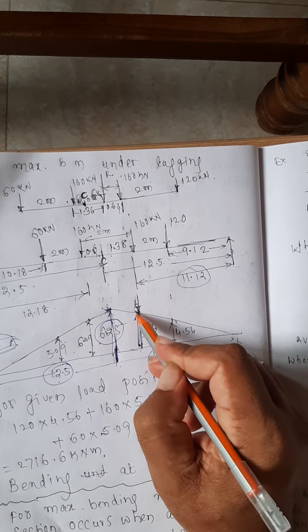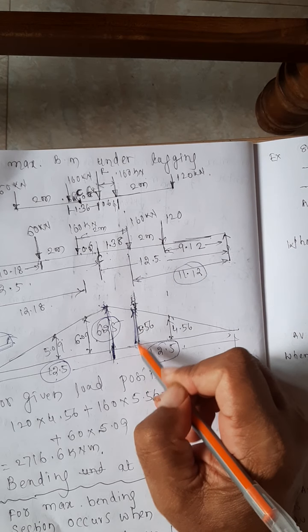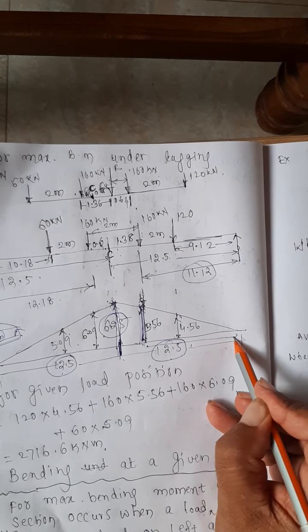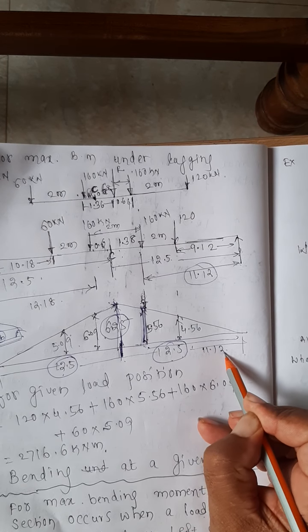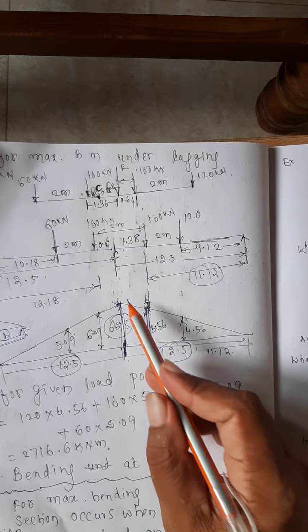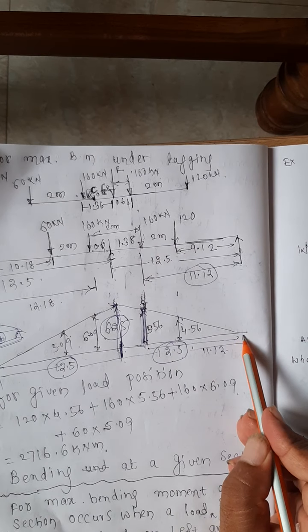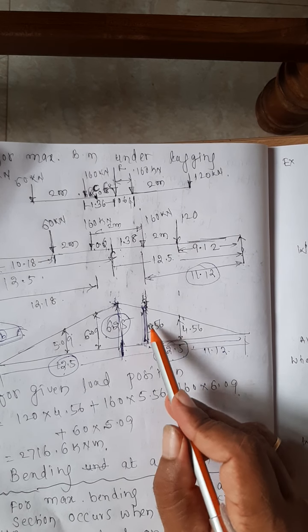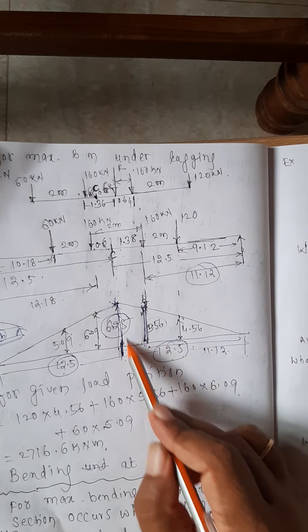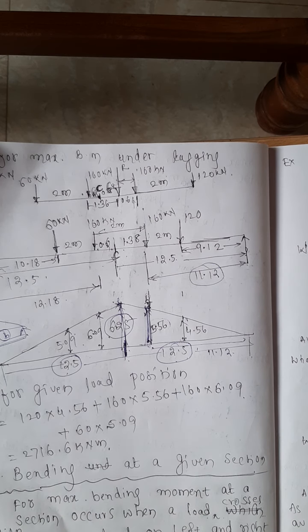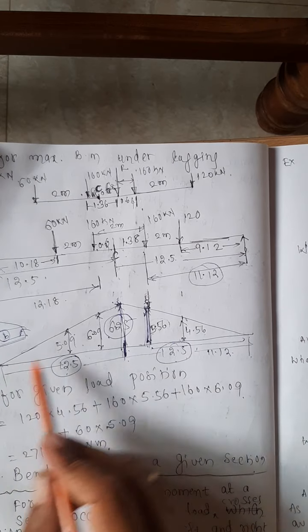Now, how to get this ordinate using similar triangle properties? This distance is nothing but 11.12. Therefore, 6.25 divided by 12.5 into 11.12 is equal to this number. That is the similar triangle property that I have calculated in the previous class. The same thing you need to repeat here.